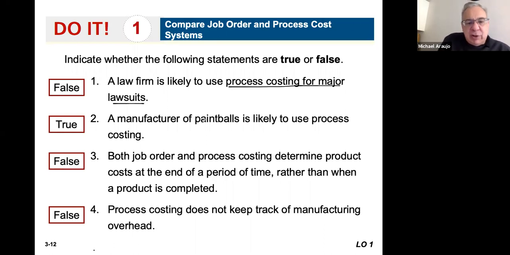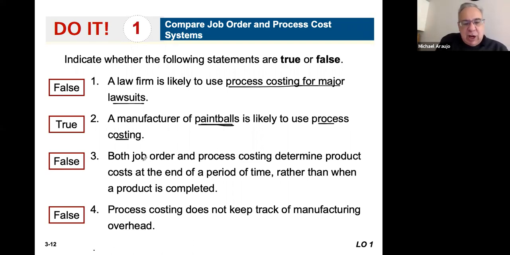A manufacturer of paintballs would likely use the process cost system. If you're manufacturing paintballs, it's basically the same product. So that would be true, because the process system works for manufacturing a large amount of the same type of product.